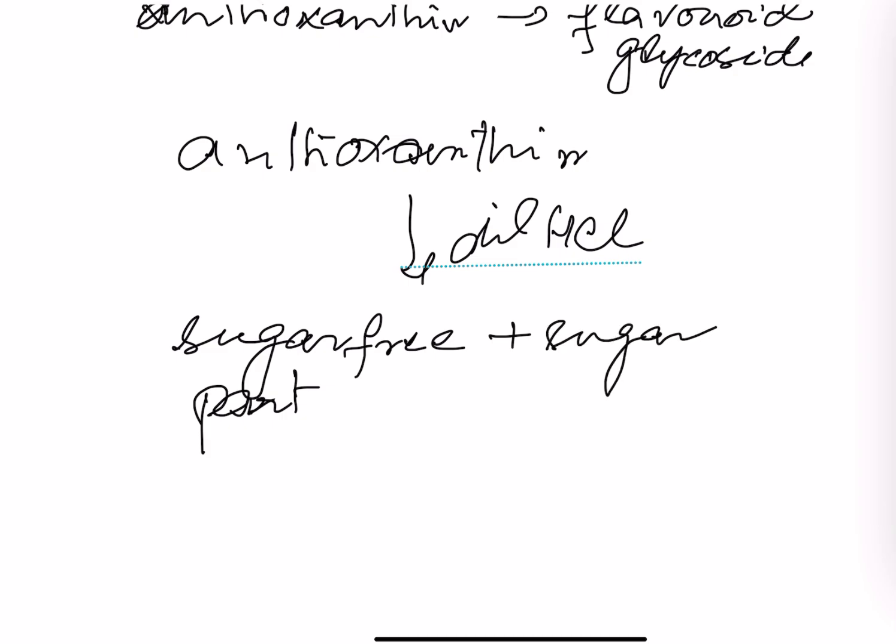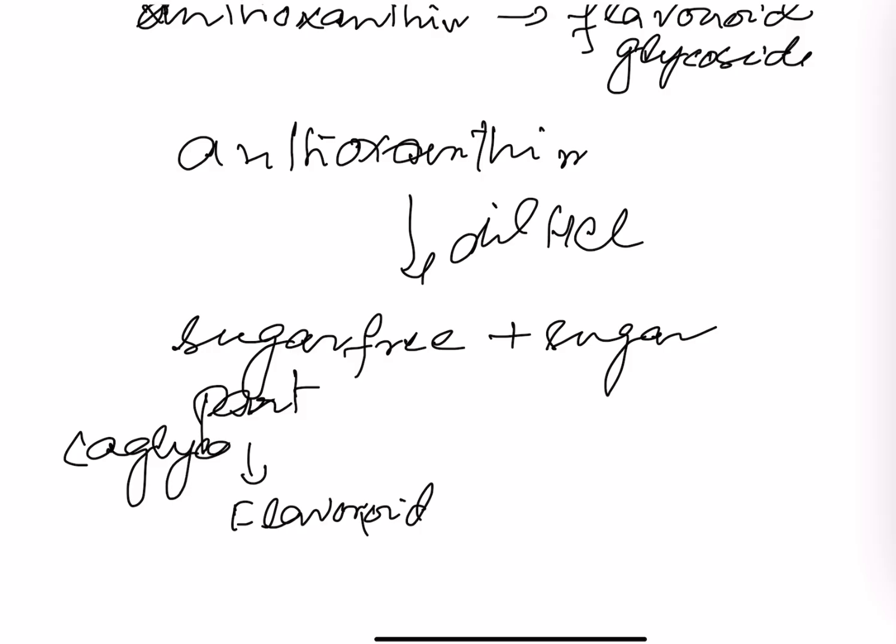This sugar free part is your flavonoid, and it is called the aglycon.